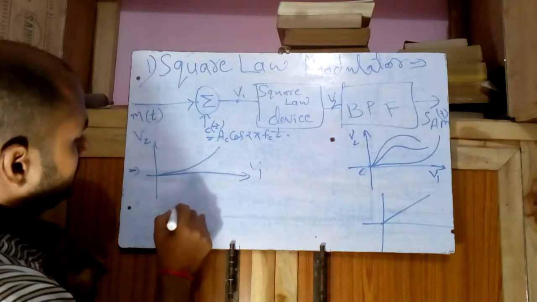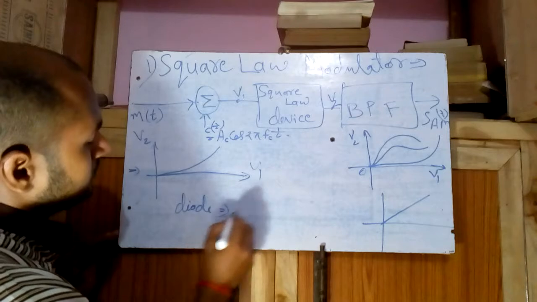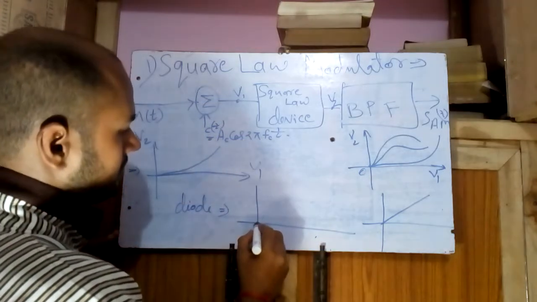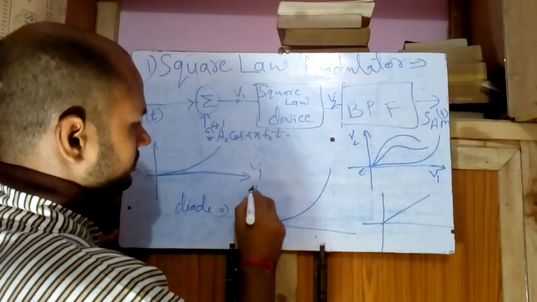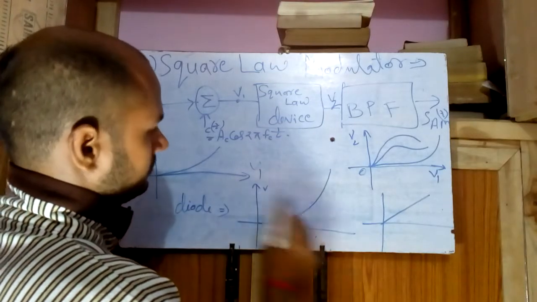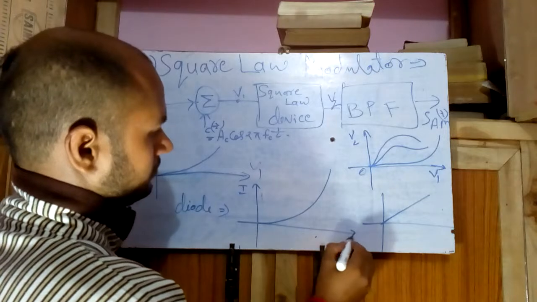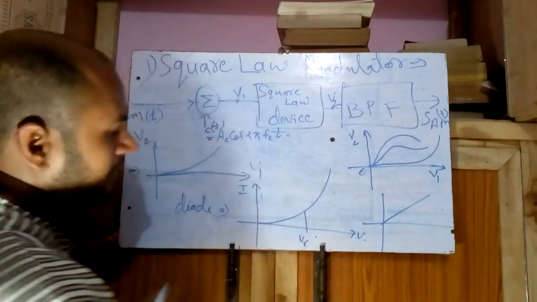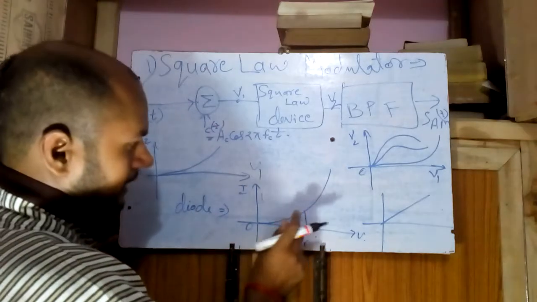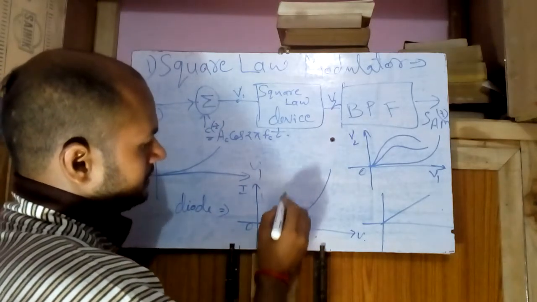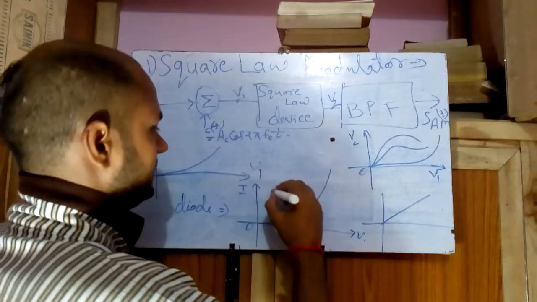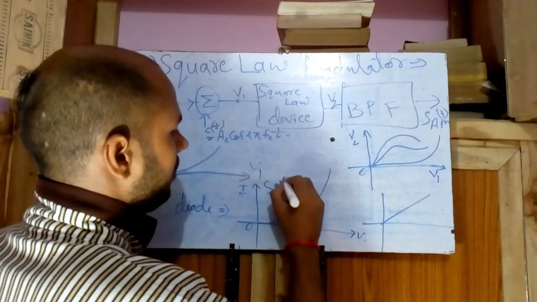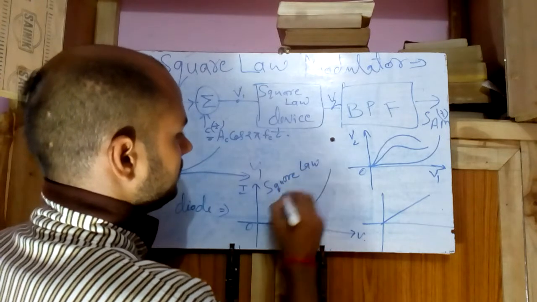So which device is able to generate this? That is the diode. The characteristic of the diode is this. Here it is the cut-in voltage V gamma, and under this, from 0 to the cut-in voltage, it is a square law characteristic.